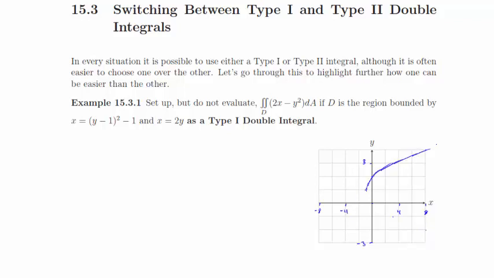So we have a sideways parabola opening in the positive x direction with a vertex of negative 1, 1. As before, it has an x and y intercept of 0, 0, a y-intercept of 0, 2, and it also has the points 3, negative 1, and 3, 3.